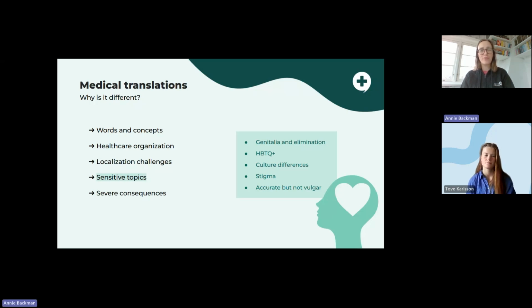It's an art form to keep it accurate but still not vulgar. I mean, some languages barely even have the word for female genitalia. It's in everyday language called something like the shameful thing down there. You can't write that if you want to be 100% sure that the reader perceives this as the vagina or what you're actually trying to say.